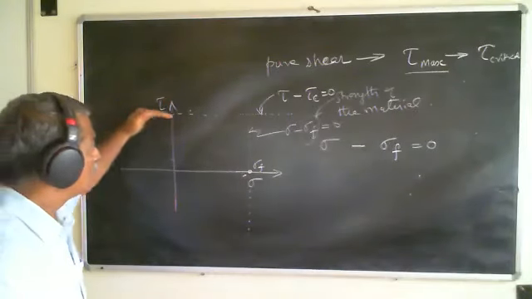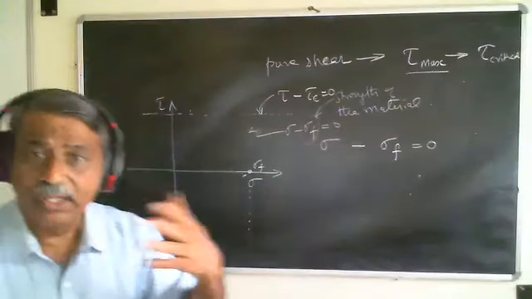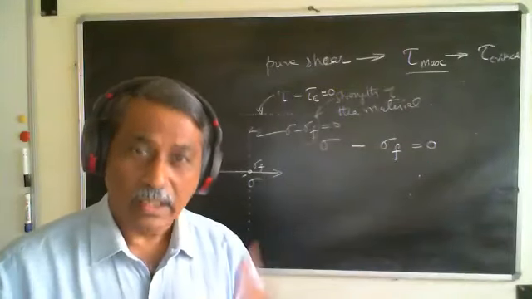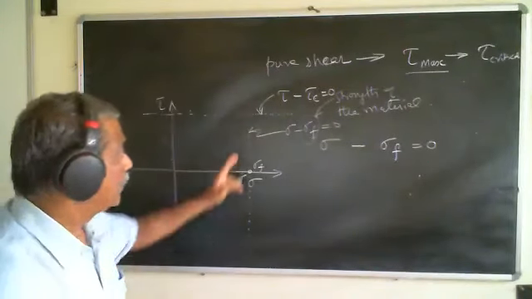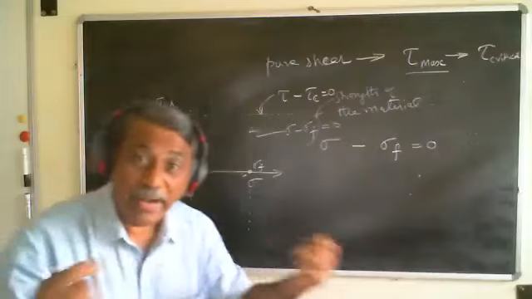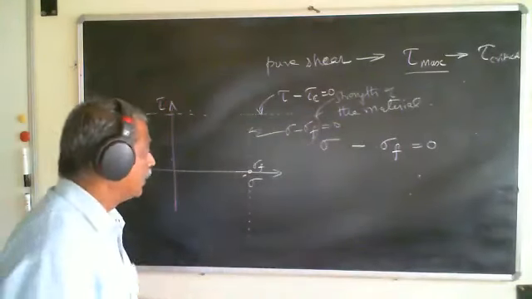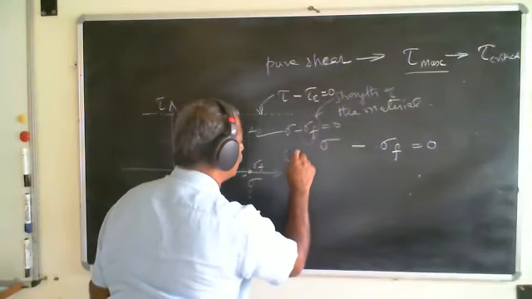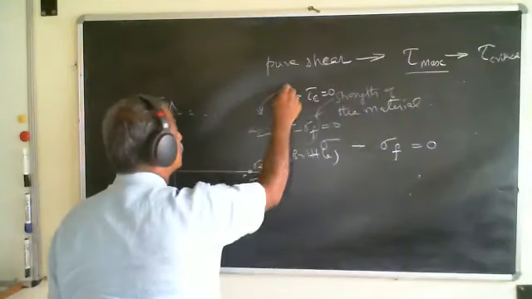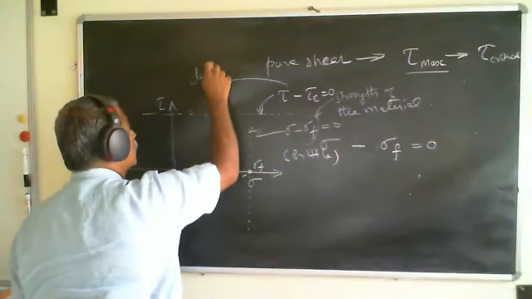This kind of material which shears is often a ductile material, whereas these materials that break are brittle materials. So this we use for brittle materials, whereas this we use for ductile materials.